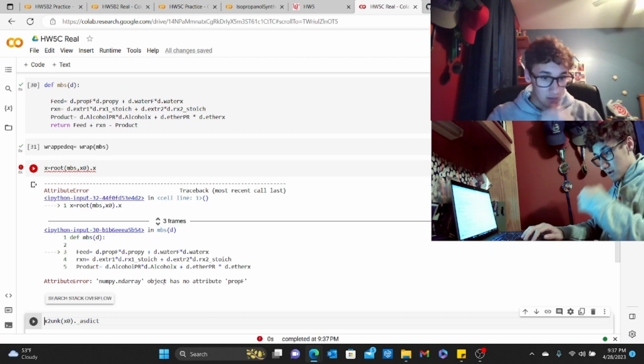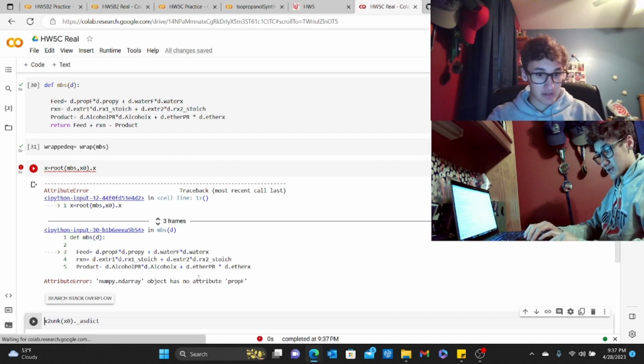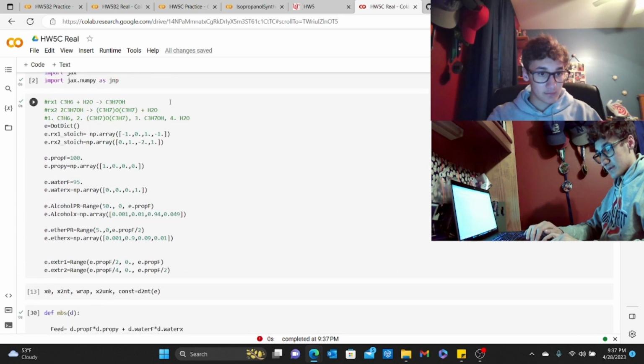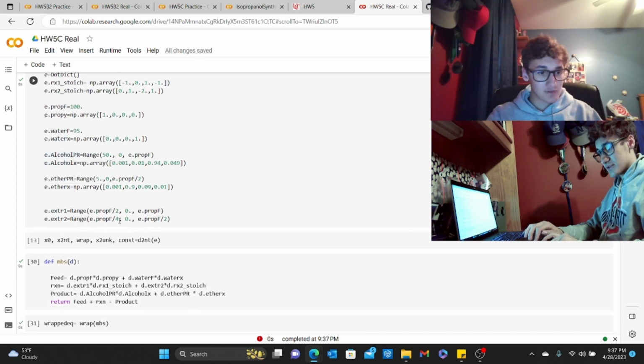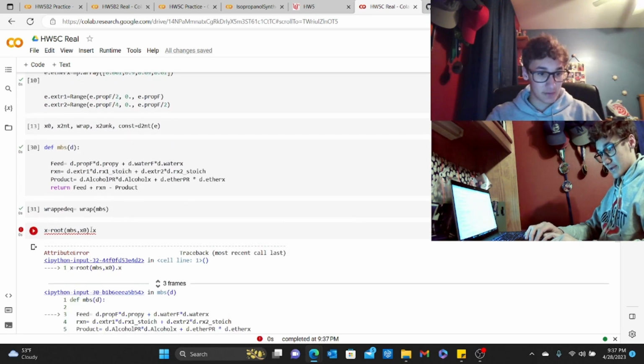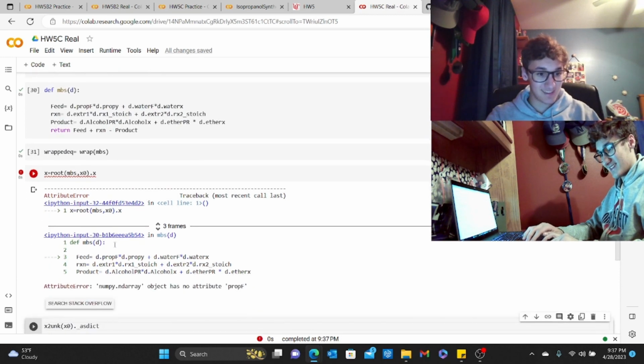It says numpy ndarray object has no attribute prop f. So we have d prop f. Must mean I'm missing something here. Or I was hitting undo, and I must have undone something important as I'm trying to find the issue.